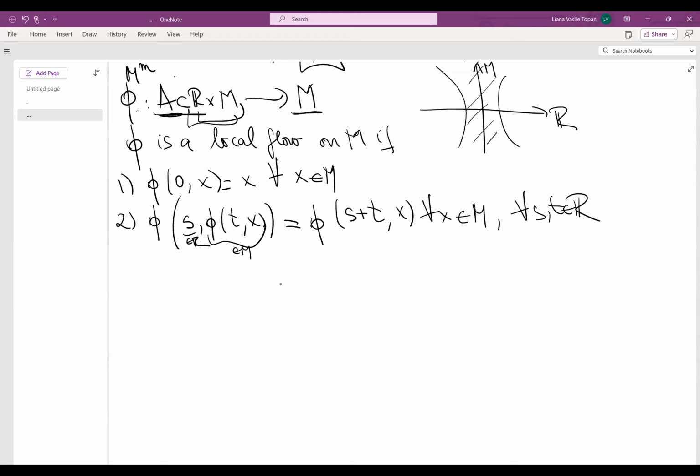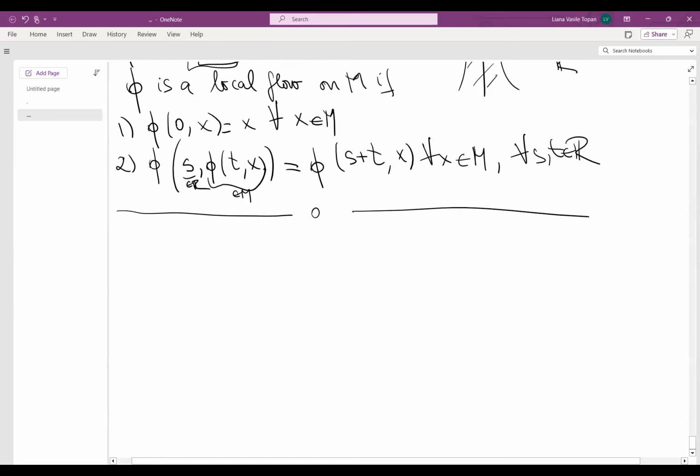All right, and now let's just take a simple example here. I'm going to take an example before going further, and we are going to take the map gamma from R times Rn into Rn, and let's prove that.